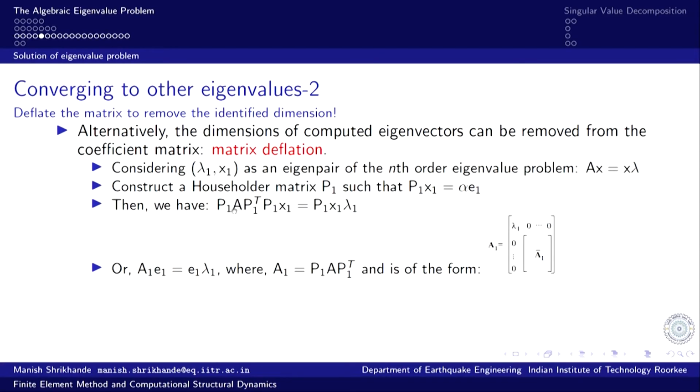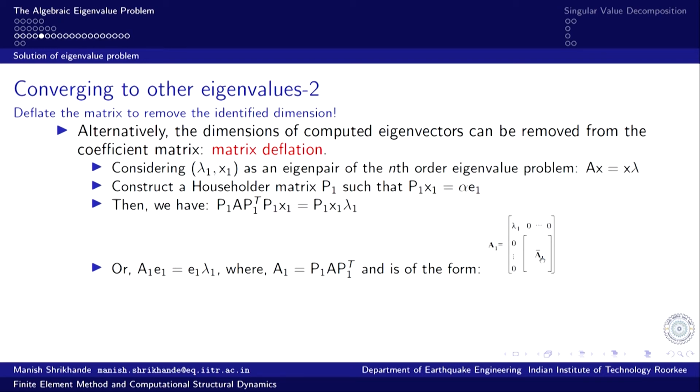If I call this A 1, and P 1 x 1 is the unit vector e 1, then A 1 e 1 is equal to e 1 lambda 1, and A 1 is of the form P 1 A P 1 transpose, which has lambda 1 in the corner, zeros in the rest of the first row and column, and a submatrix, let us call it A bar 1.